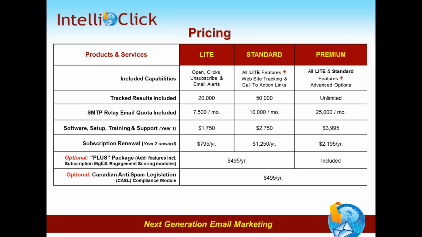I want to point out a couple of different things down here. There are companies that love some of the capabilities that are bundled into the premium edition. Subscription management I had referred to before, engagement scoring where I referred to tracking companies over campaigns over time, the level of engagement.